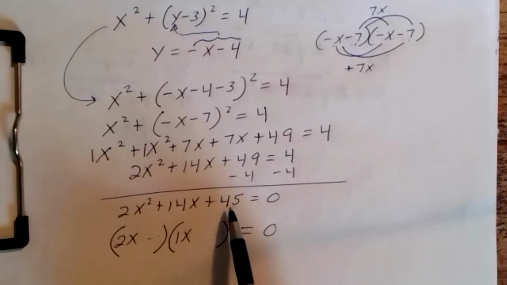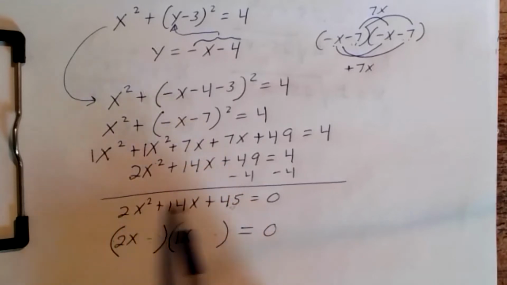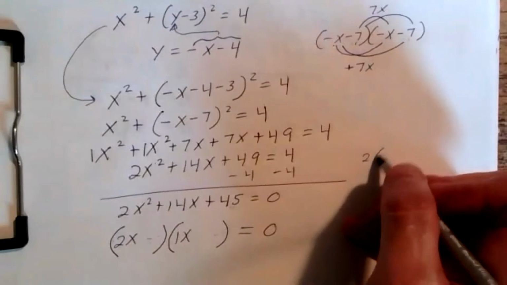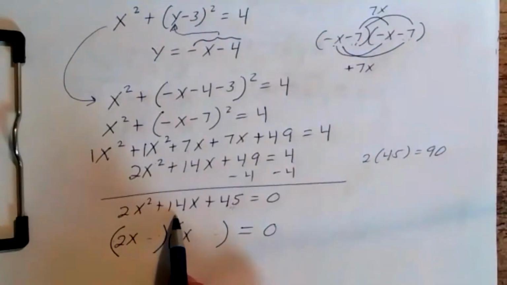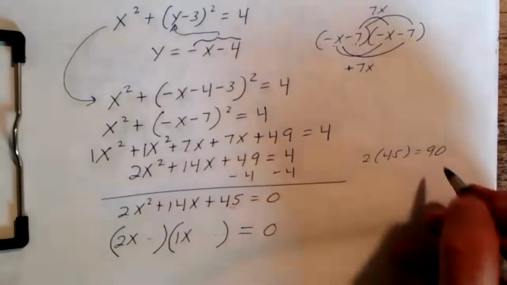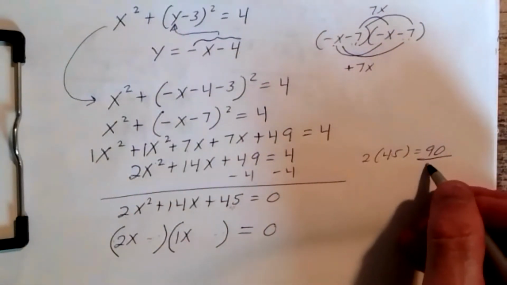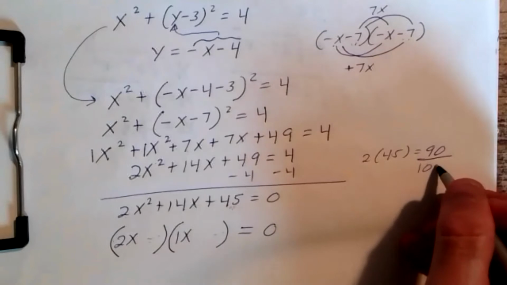So the plot thickens. How to factor this trinomial? Is it even factorable? Oh, it's factorable, I think. Let's see. 2 times 45 is 90. Are there 2 factors of 90 that add up to 14? Do they exist? 10 and 9?